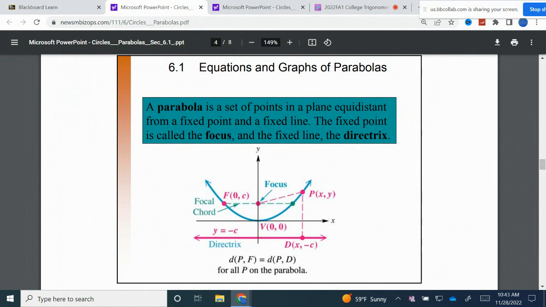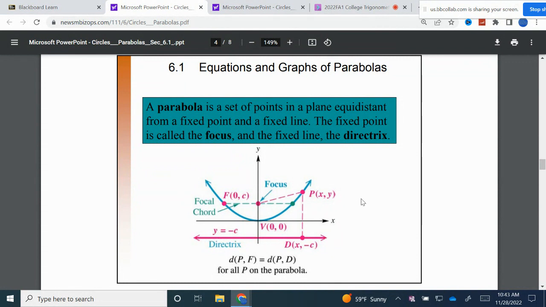The fixed point is called the focus, and the plural of focus is foci, and we're going to talk about the foci when we go a little bit further and talk about ellipses and hyperbolas. But for a parabola, we have a fixed point that's called a focus, right, which is here. And we have a fixed line, which is called the directrix.